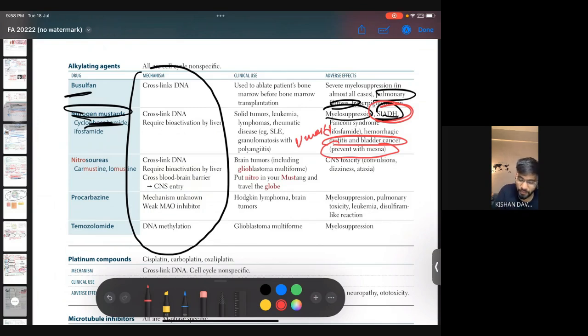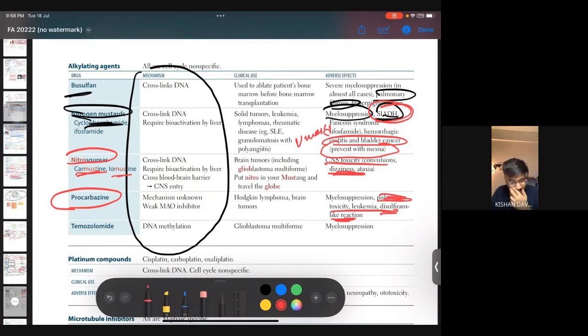Okay. Nitrosoureas, carmustine, lomustine. CNS toxicity. Okay. Procarbazine, disulfiram-like reaction. Pulmonary toxicity. Now see, one thing I'm making you write down.